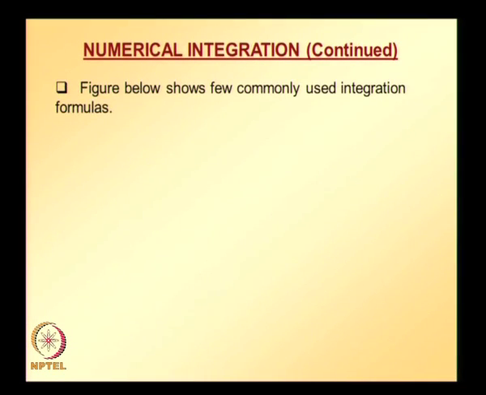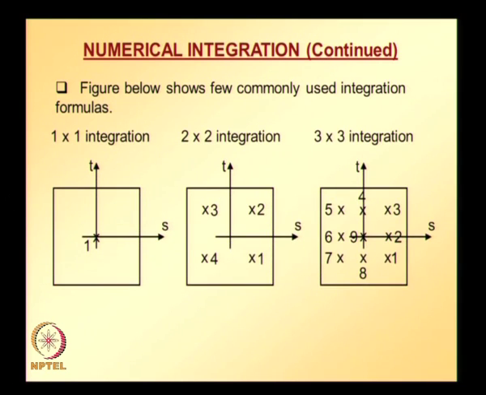So now let us see what is meant by 1 by 1 integration, 2 by 2 integration, 3 by 3 integration. The figure below shows a few commonly used integration formulas. If it is 1 by 1 integration, 1 point along the s direction, 1 point along the t direction. If it is 2 by 2 integration, 2 points along the s direction, 2 points along the t direction.